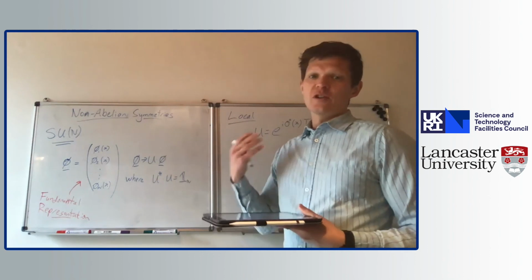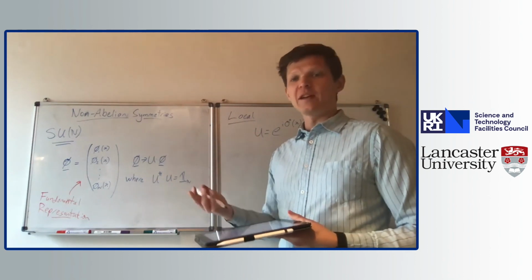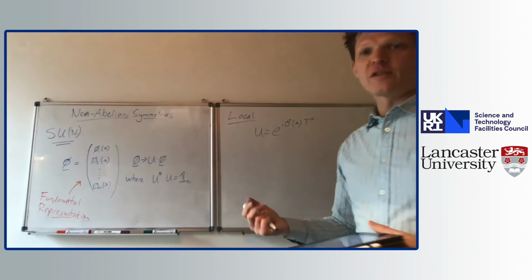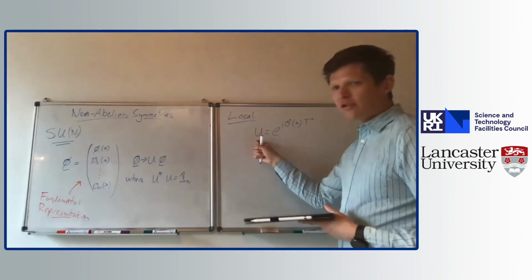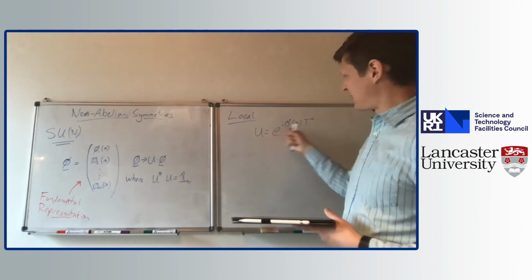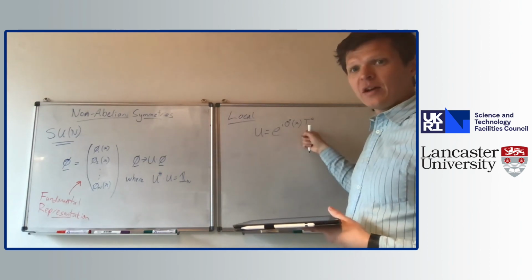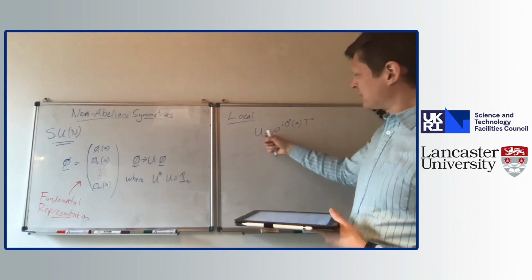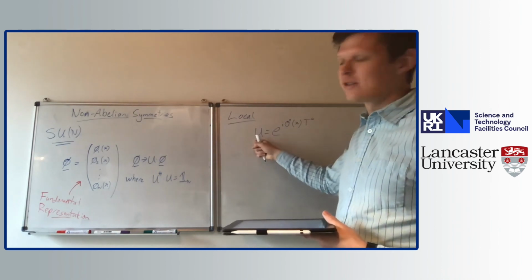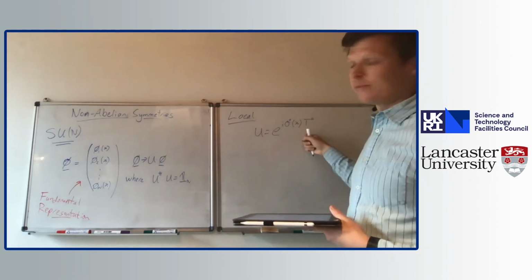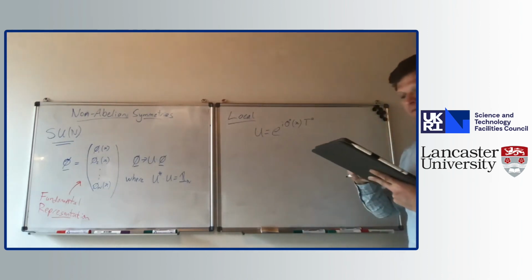So for SU2, it'll be 3. For SU3, it'll be 8. For SU(n) theories, it goes like n squared minus 1. This specifies the number of generators and their form, how they interact with each other, essentially. Any unitary n by n matrix can be parameterized in this way with n squared minus 1 generators.